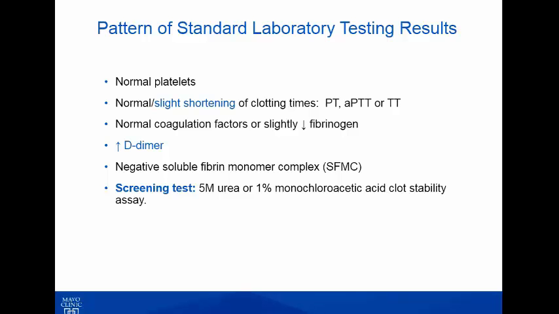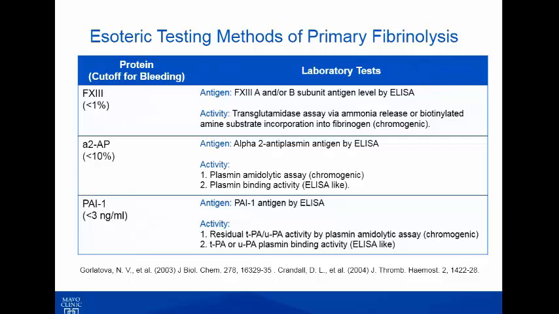There is a screening test we do called the clot lysis or clot stability assay. It basically uses 5 molar urea or monochloroacetic acid to assess the stability of the clot. Usually in these patients, the lysis time is shortened, so that's a hint for us to move further to do additional testing.